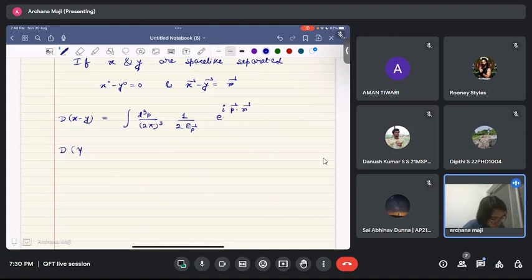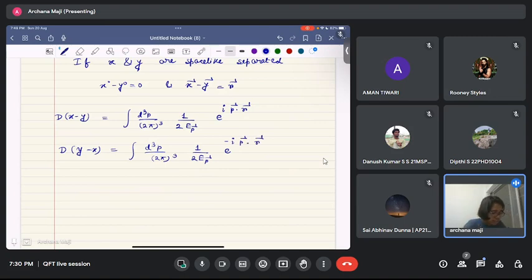And what is D of y minus x? D of y minus x is d^3p over (2π)^3, 1 over 2E_p, exponential of minus i p dot r.